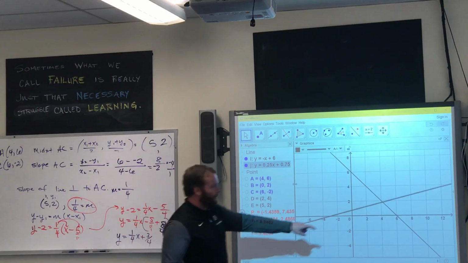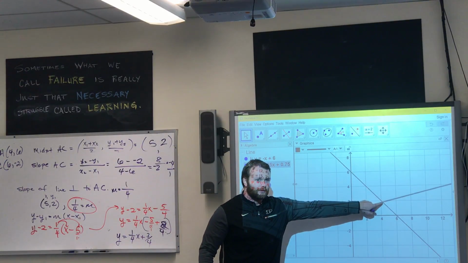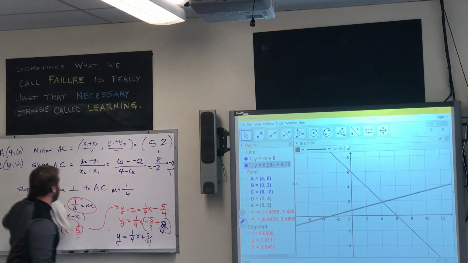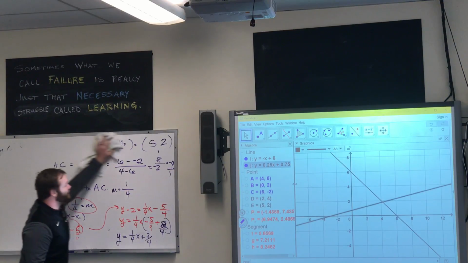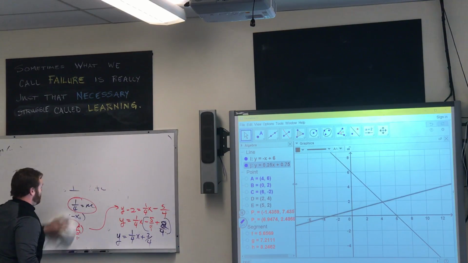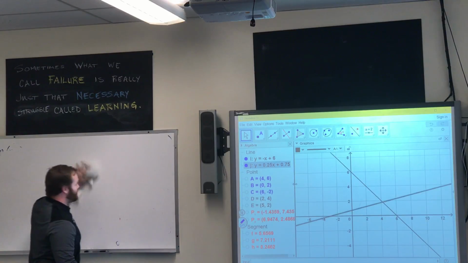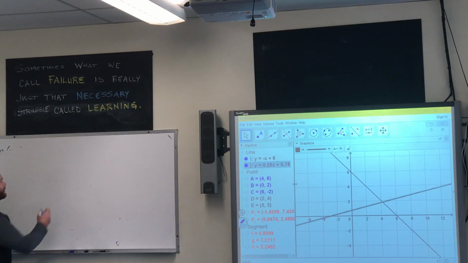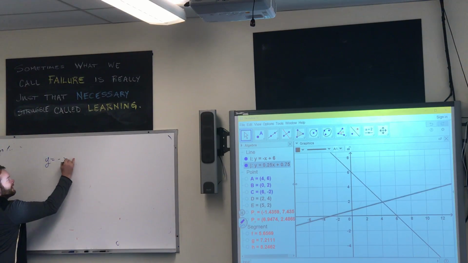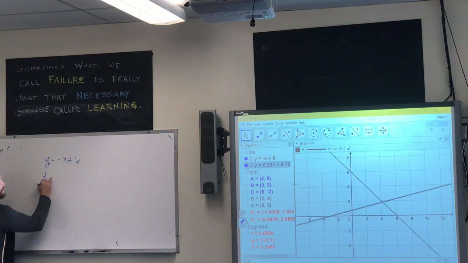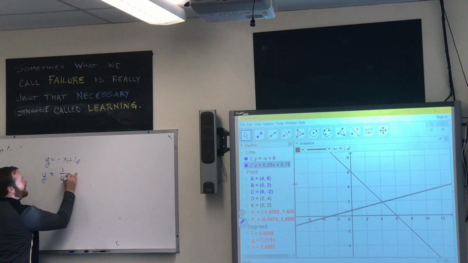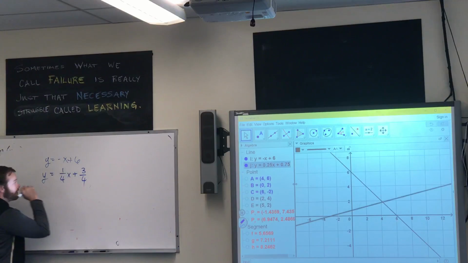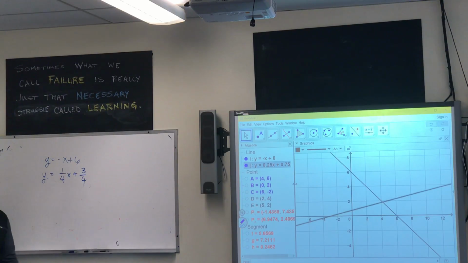You were able to work through and find that point. We've done this a lot this year, actually. Write this down: y equals negative x plus 6, and y equals 1/4 x plus 3/4. This is the rest of the problem. So now we're finding BC.